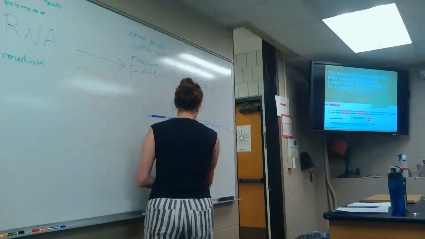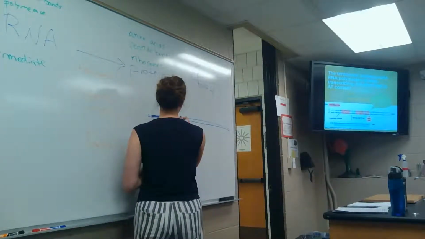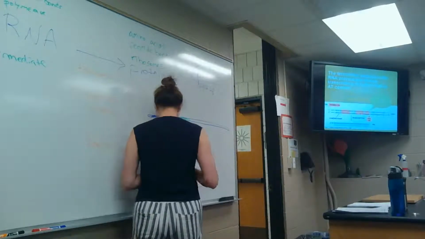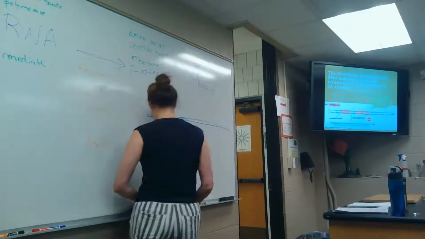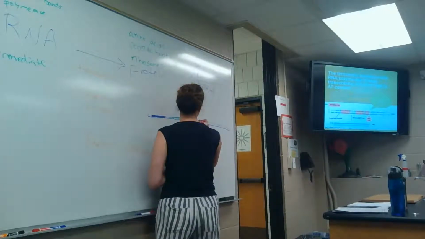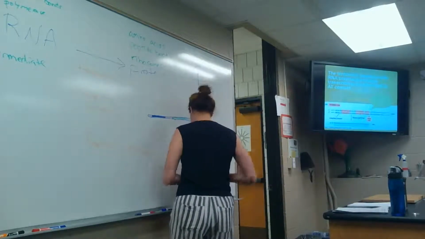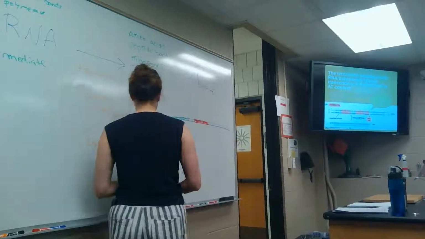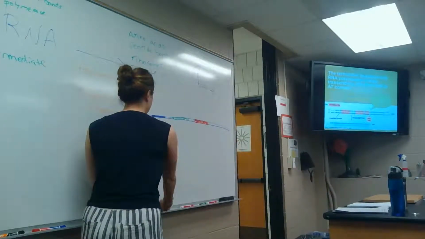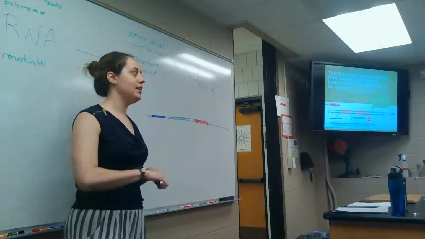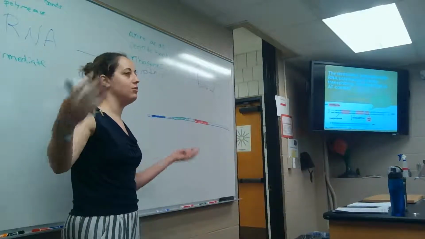So we have gene 1 here, and we have gene 2, and then we have gene 3, and that's in the prokaryote. And these guys, they're always expressed together because they have a common overall function.